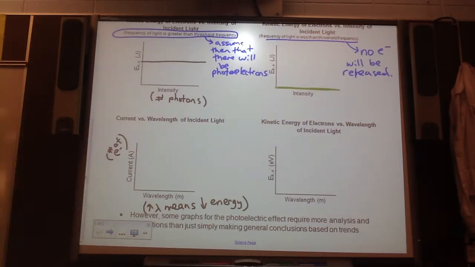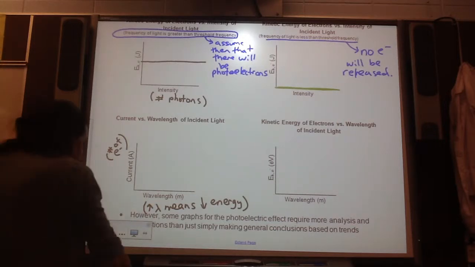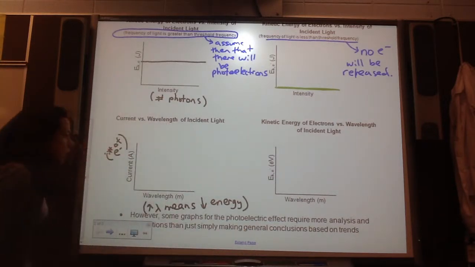So if I have increased wavelength, will it influence my current? No, because it's the energy, right?